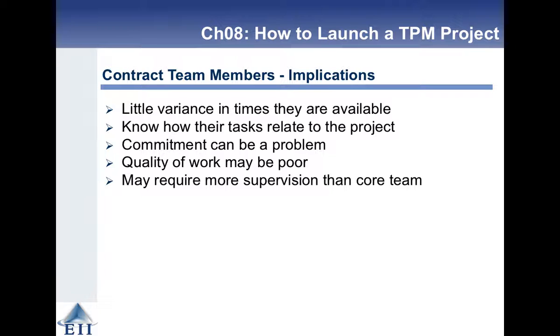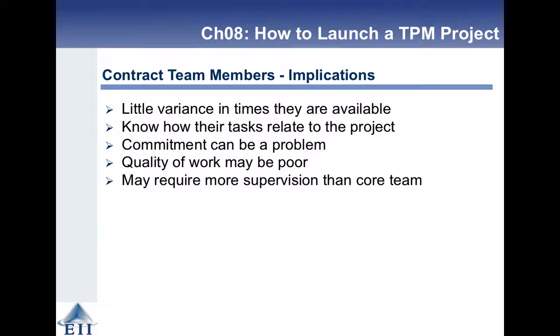So the people who you want from the outsourcing or contract team, they should have little variance in the times they're available. They should know how their tasks relate to the project. You should figure out whether they have a commitment to getting the project done.